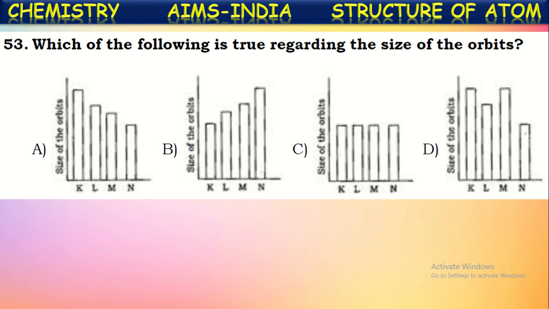So we see the diagram which represents the gradual increase in the size of the orbits from lower orbit to higher orbits. Which is the lowest orbit? First orbit, K shell. So K, L, M, N and so on. So the gradual increase should be from K to higher orbits. Where is it? Here it is mentioned. K has the lowest size and it gradually increases to the outer orbits.